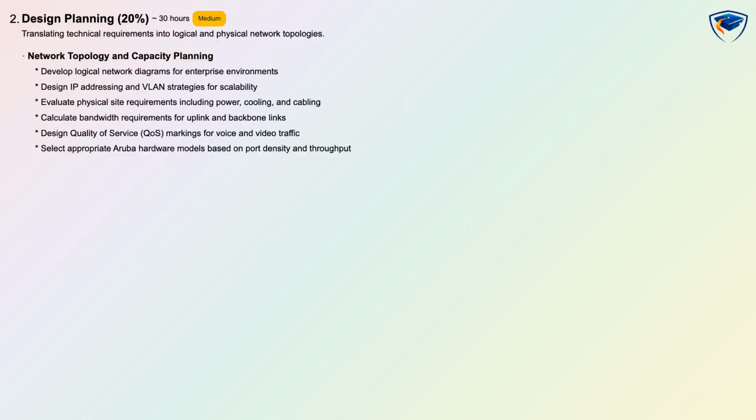Design planning is 20% of the exam, medium difficulty, and about 30 hours of study that combines conceptual thinking with scenario tasks. This domain teaches how to translate technical requirements into logical and physical network topologies for enterprise environments. You will develop logical network diagrams, design IP addressing and scalable VLAN strategies, assess physical site needs such as power and cabling, and calculate bandwidth for uplinks and backbones.